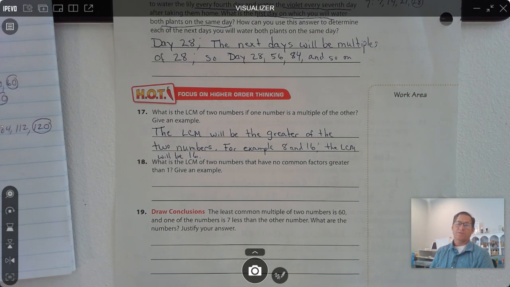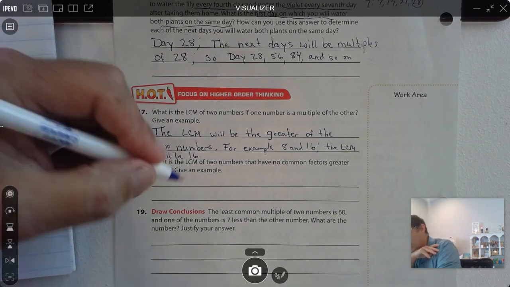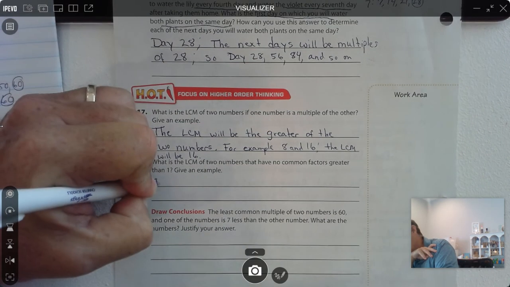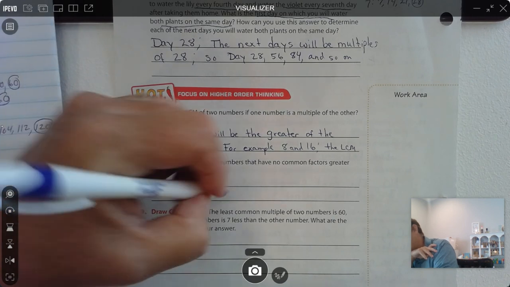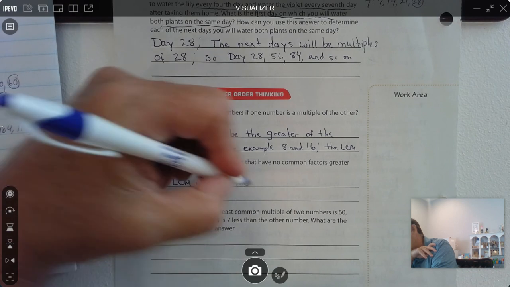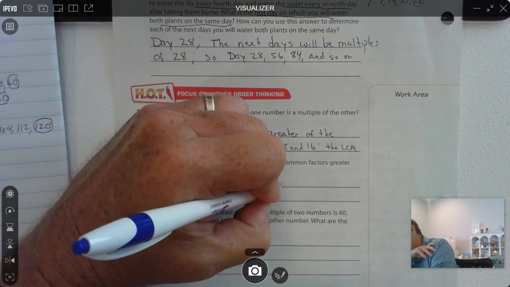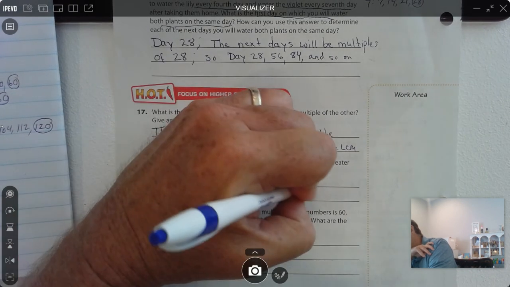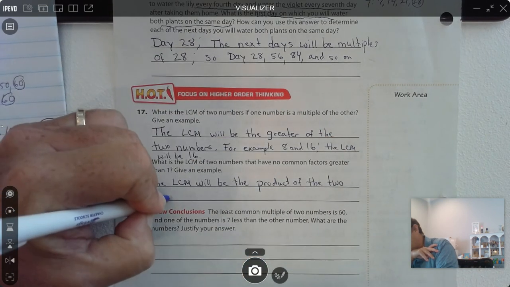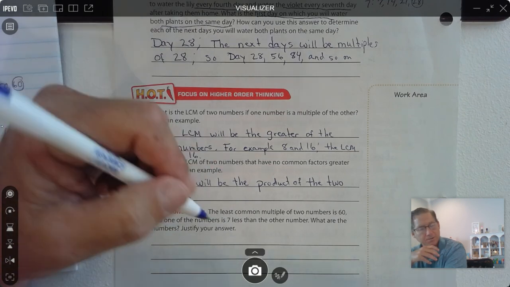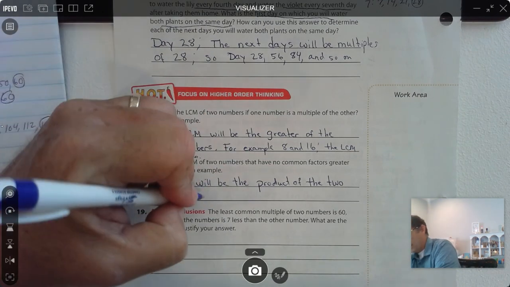What's the least common multiple of two numbers that have no common factors greater than 1? And give an example. So the LCM will be the product of the two numbers. All right, so let's look at something like 4 and 7.